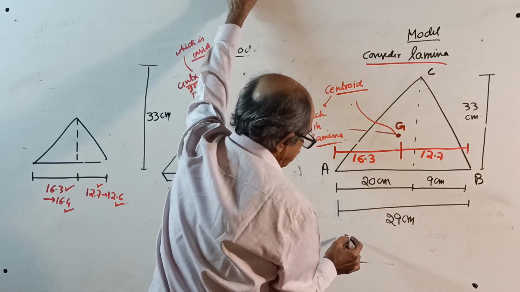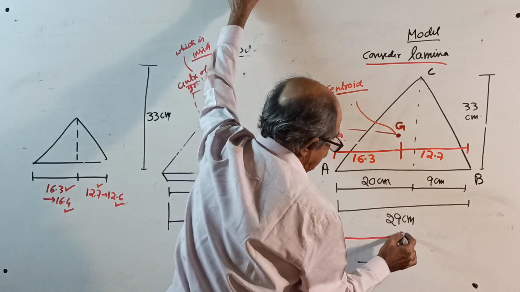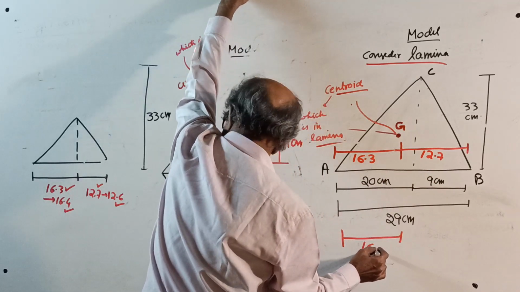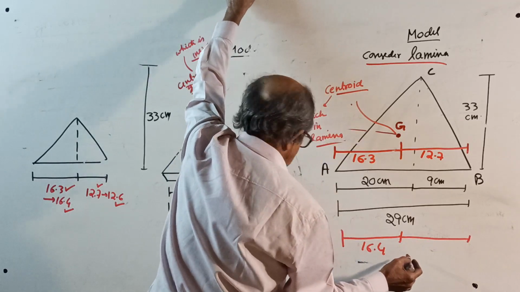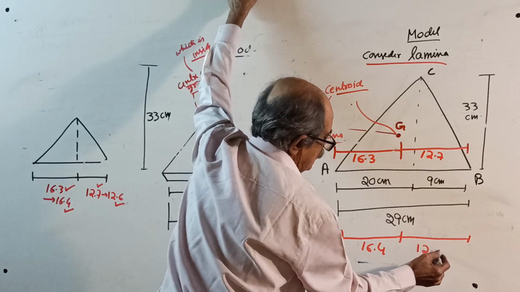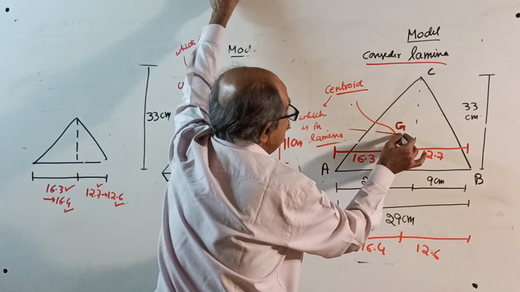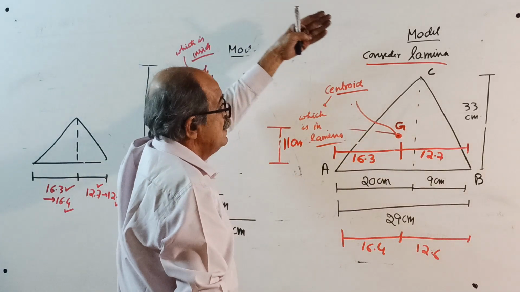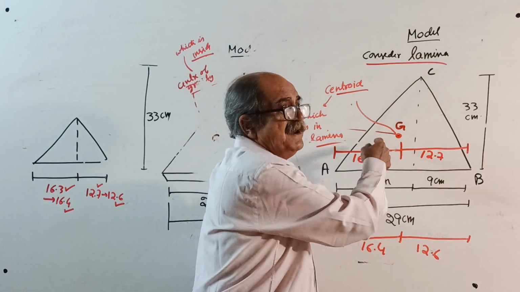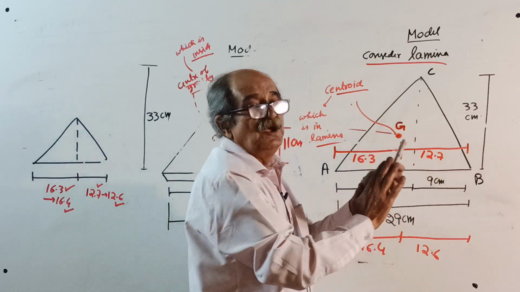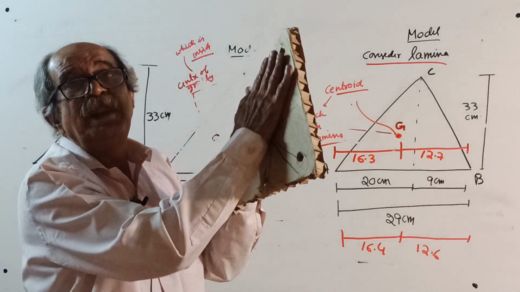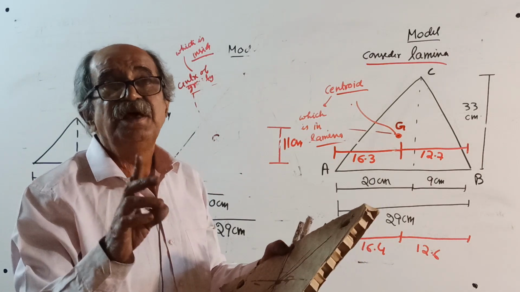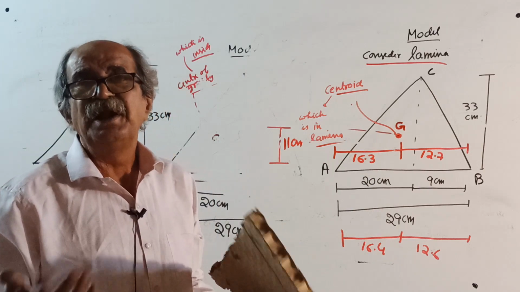Or instead of 16.3, if you take 16.4, that is 12.6. This is 11. This is the position of the centroid we got here. But actually center of gravity is, see, this is centroid. This is centroid because it lies in the plane lamina. In structural engineering, we always want centroid.